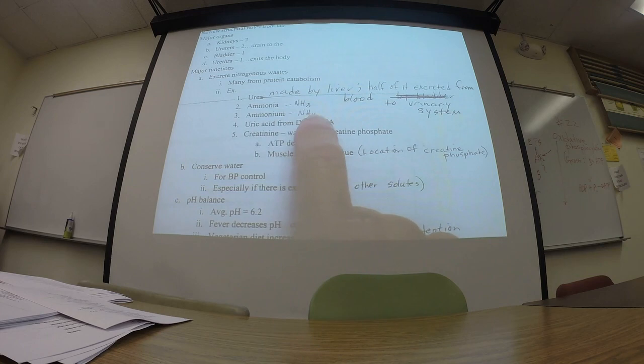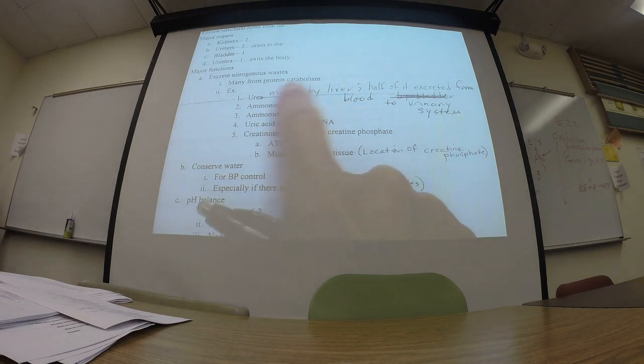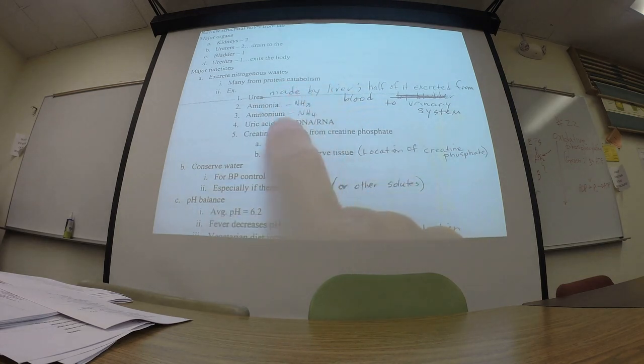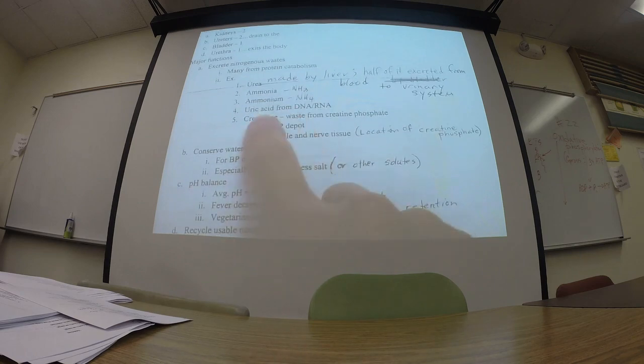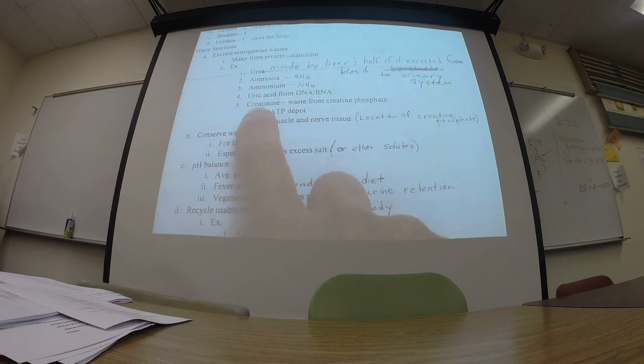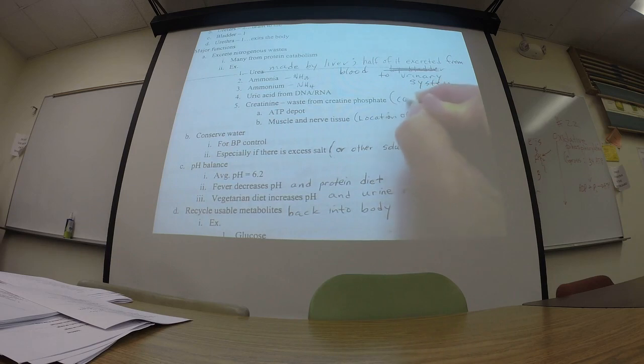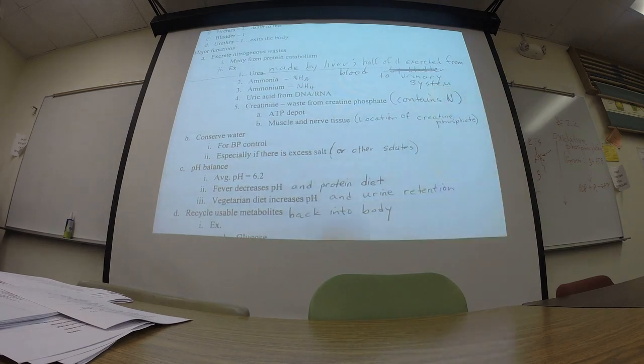Ammonium, as we say, a lot of these are clipped off of the amino acids that build proteins. The nitrogen-containing compounds from your DNA and RNA are called uric acid, so you're getting rid of that. This is a nitrogen-containing waste. It is called creatinine.